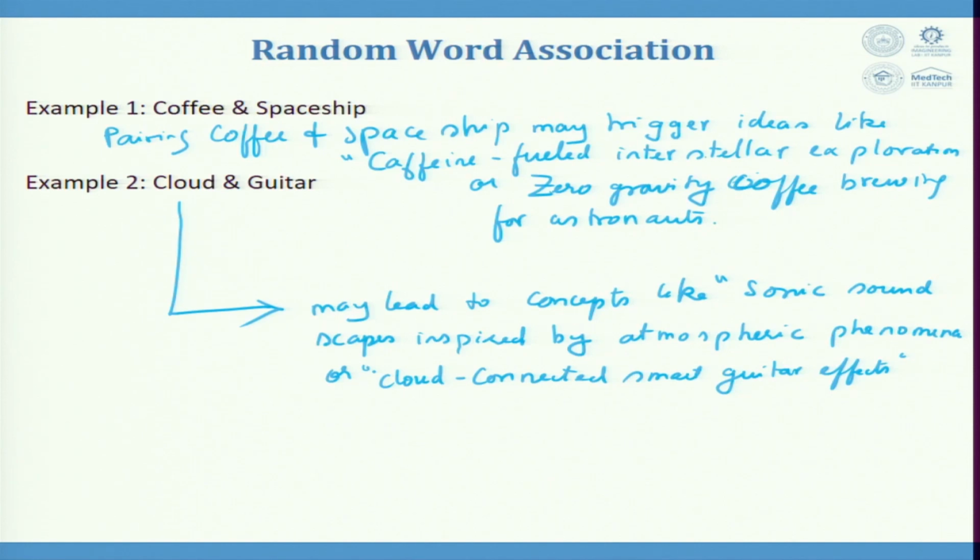Completely novel. Cloud and guitar. Look at it. Right. So, these are some of the random word association. This is a little complex compared to your SCAMPER and your brainstorming session, but this also helps in creating new ideas out of the box.